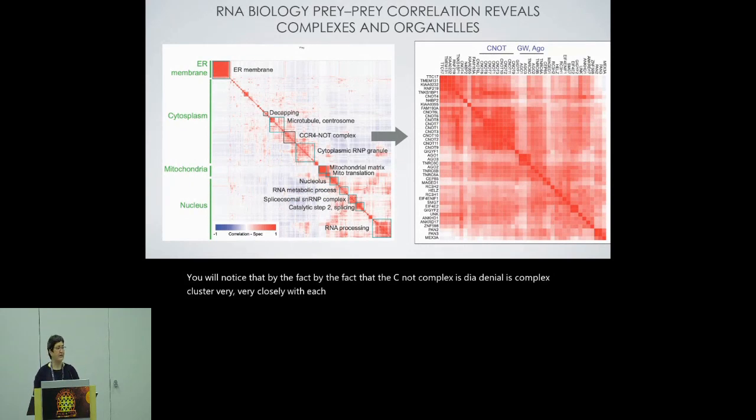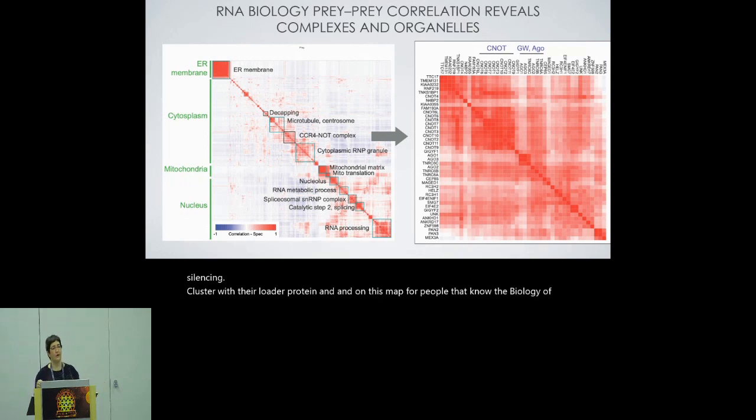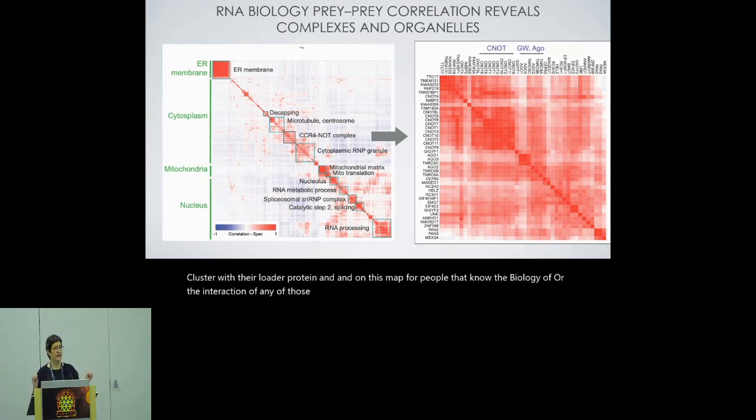The Argonaute proteins that are involved in microRNA silencing cluster with their loader protein. And on this map, for people that know the biology of any of those, proteins that form direct protein-protein interactions with each other tend to also be closely located. So this is actually quite useful.